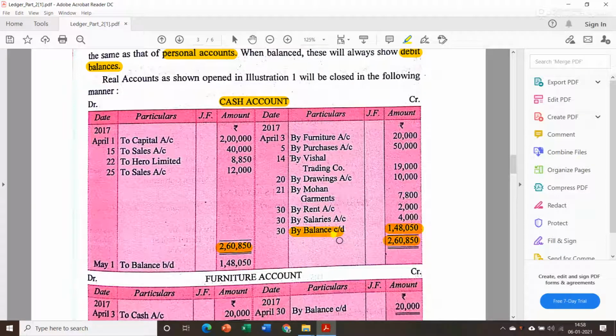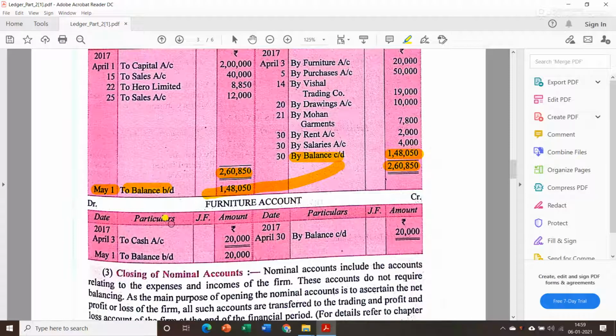So after finding out this 1,48,050, we will write 2,60,850 on both the sides, and this balance carried down will go over here on the debit side at the starting of next month, and it will become balance brought down. That means the cash account has a debit balance. Just like that, we will prepare another real account, that is the furniture account. Here on the debit side we have cash account 20,000, but on the credit side we didn't have any amount.